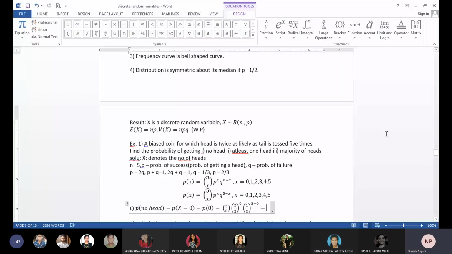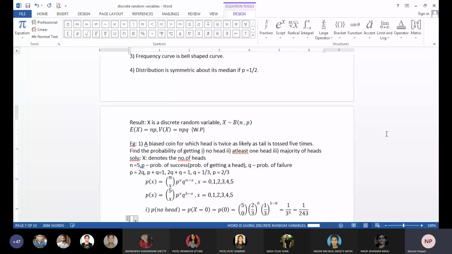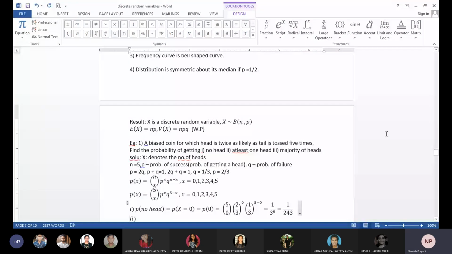So 5C0 is 1. 2/3 raised to 0 is also 1. So here the answer will be 1/3 raised to 5. So 1 divided by 3 raised to 5. So 9, 9, 81, 243. 1/243. Right?